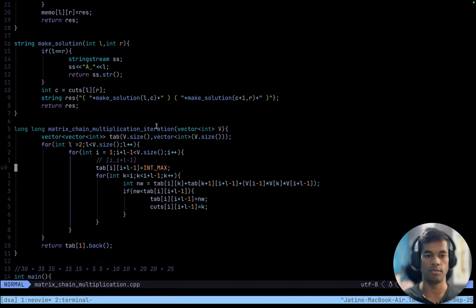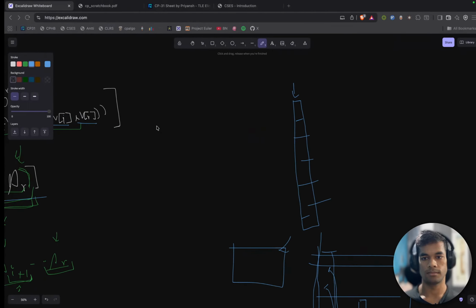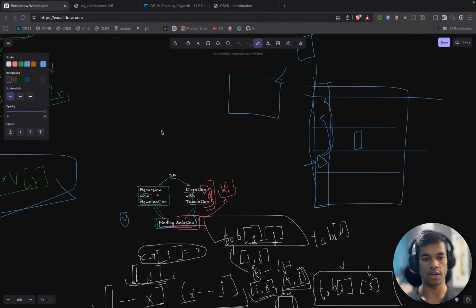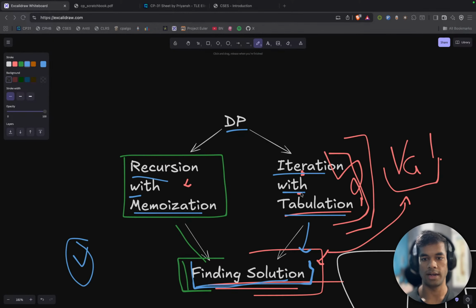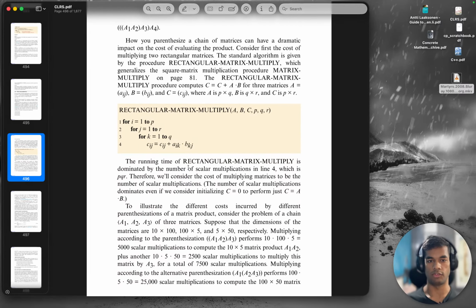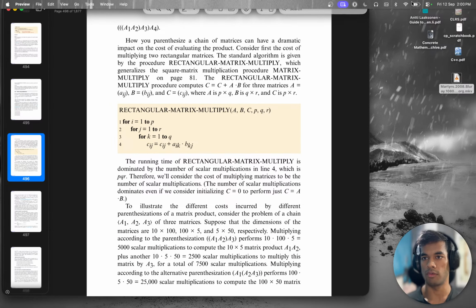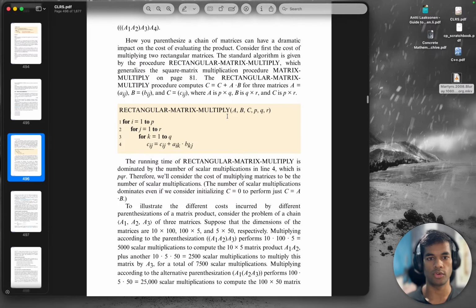So that is cool. The real question is between recursion or iteration. Recursion is slower, iteration is a bit faster because of less overhead of function calls.